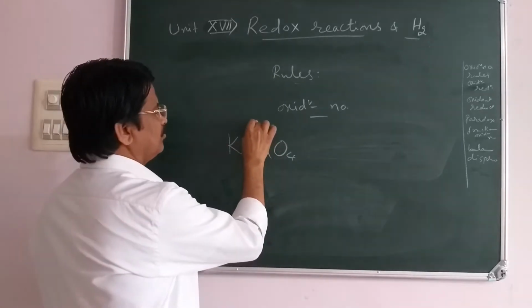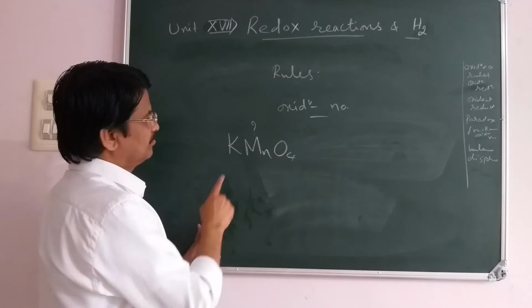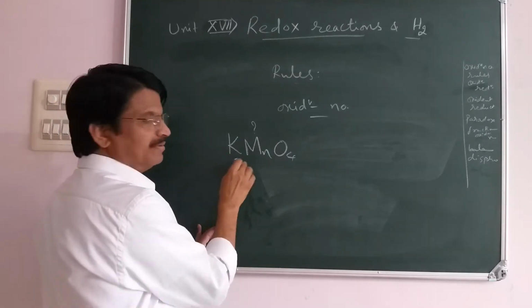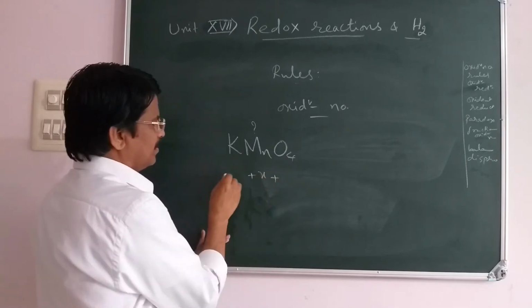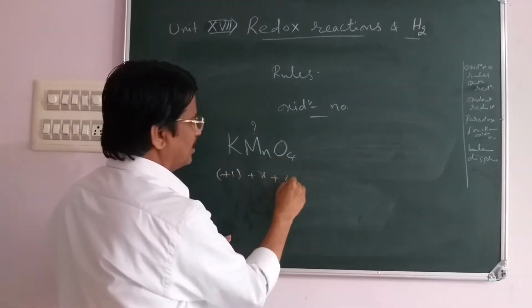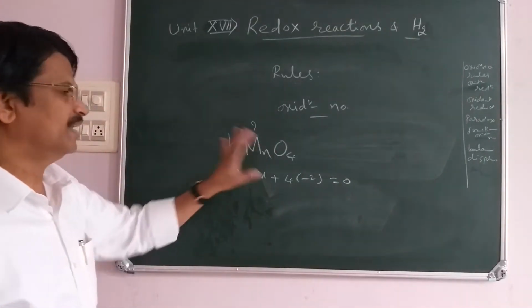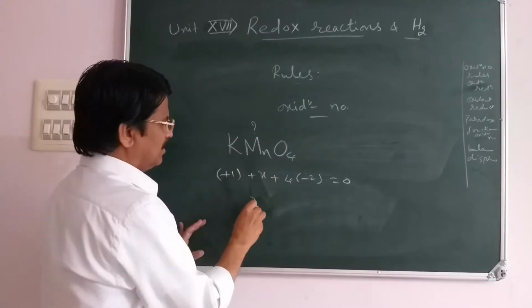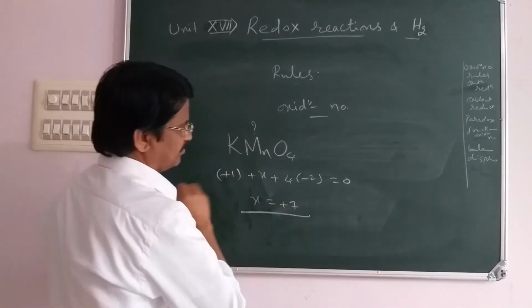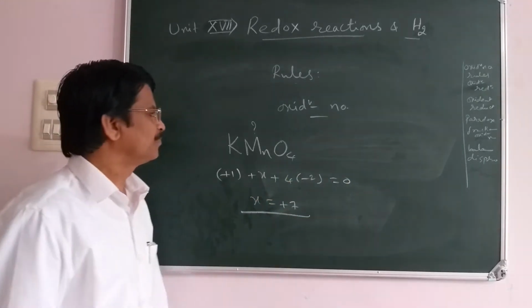We don't know the oxidation number of Mn, so let it be x. Then x plus 1, plus 4 into minus 2 equals 0. This is the method to find the oxidation number of any element in a molecule. And x equals plus 7, minus 8 plus 1 equals plus 7.